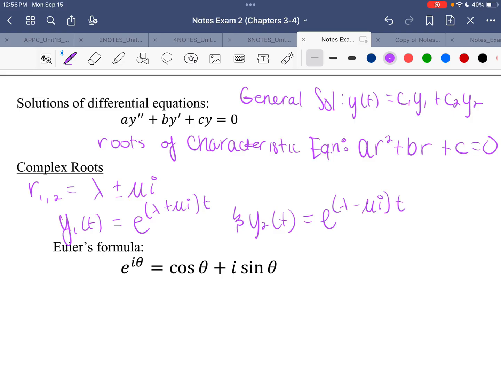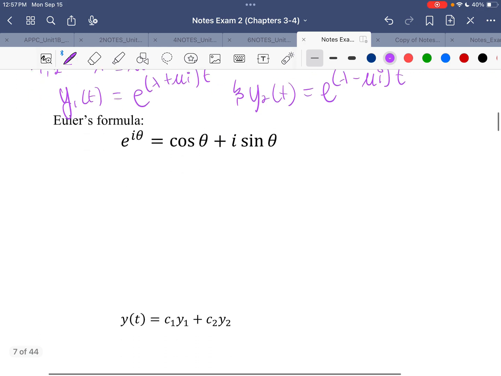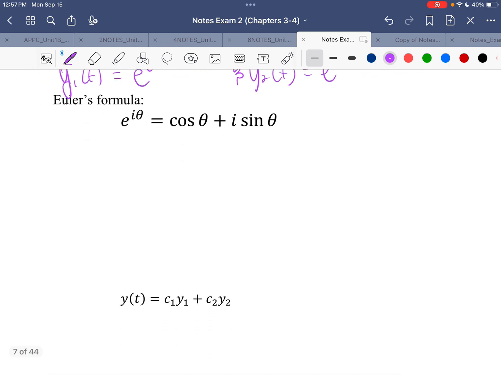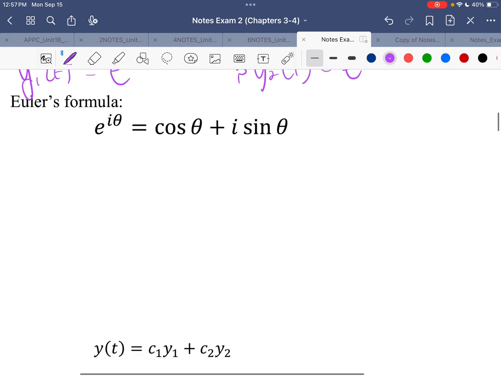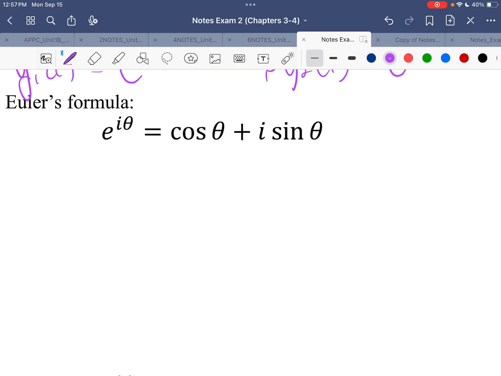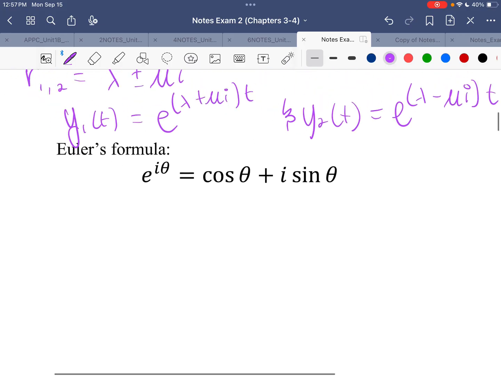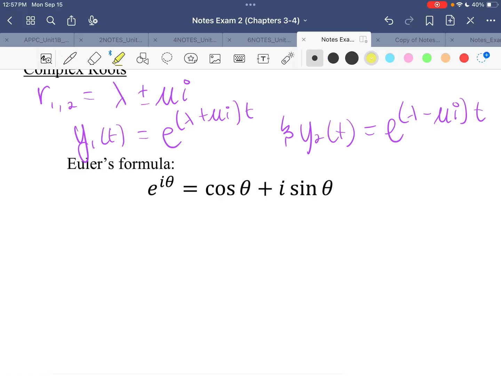All right, so this next part is Euler's formula and the explanation of how to use Euler's formula to get to this complex root. Some of us will feel very interested in this and some of us will not. Euler's formula has a theta i.